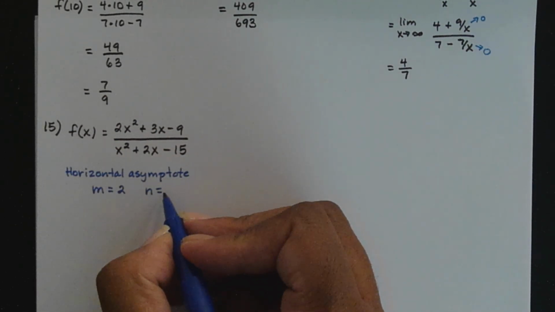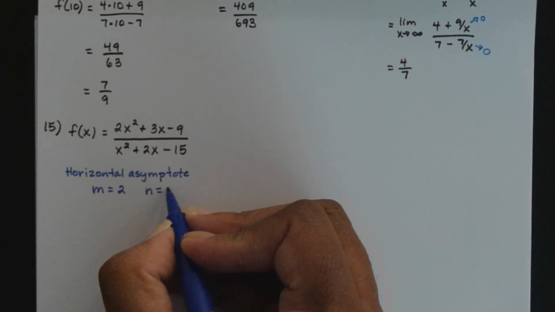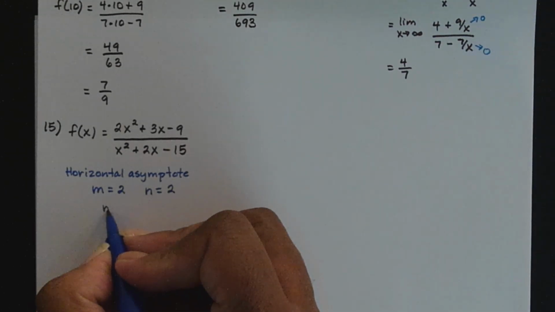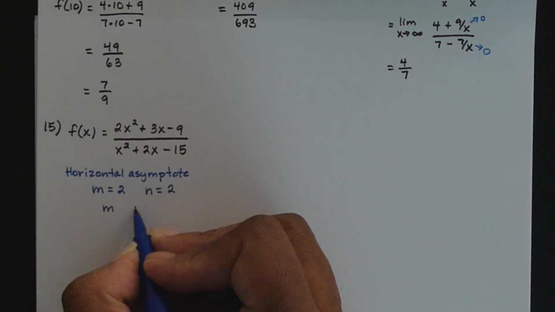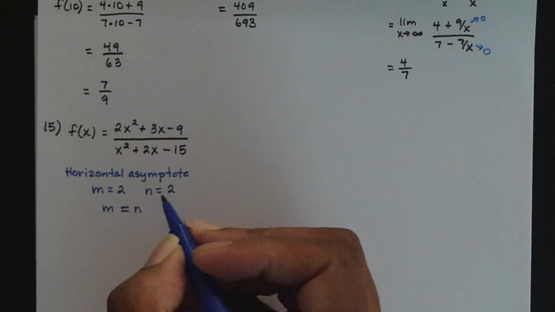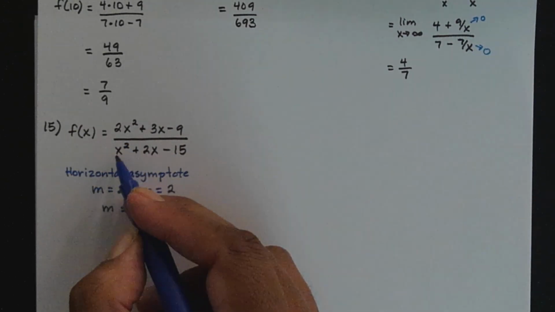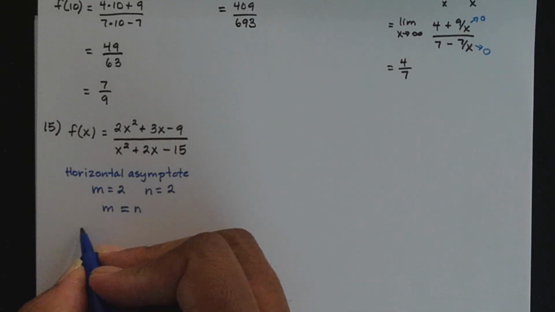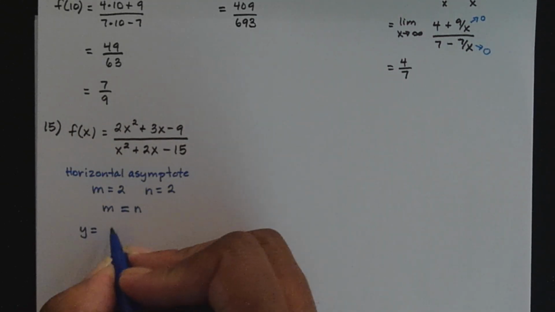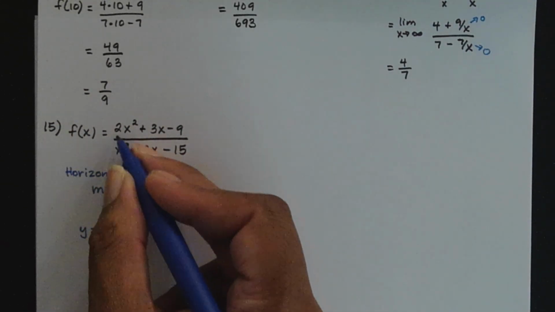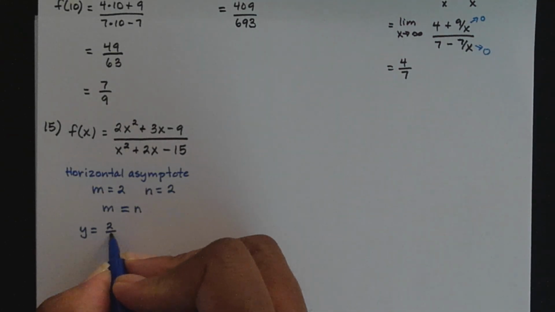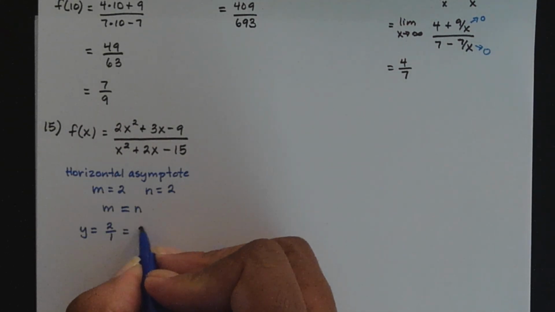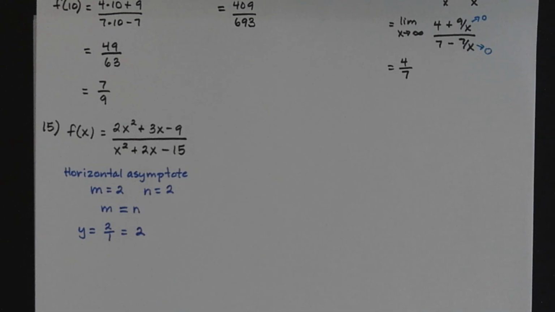The highest exponent in the denominator, which is your n, is what? 2. Also 2. Is m less than, equal to, or greater than n? Equal to. So from that, we can look at just our leading coefficients here. That's 2 divided by 1, which is what? 2. So the equation of the line of the horizontal asymptote would be y is equal to 2.